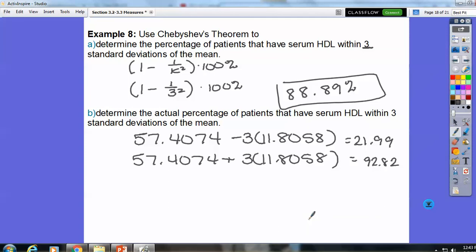Okay, so this one, 3 standard deviations would be between 21.99 and 92.82.